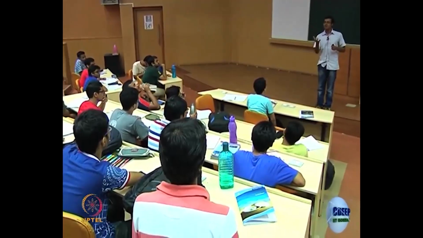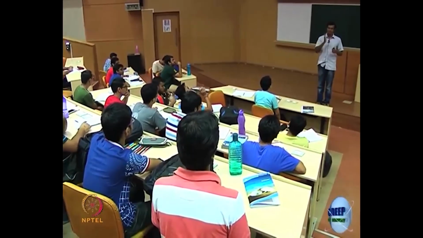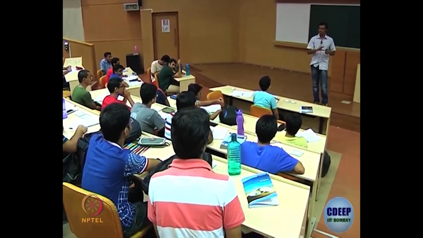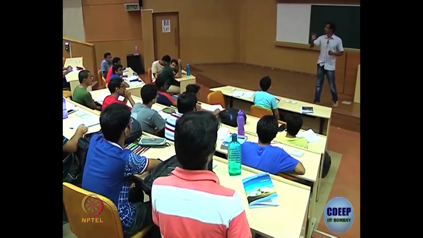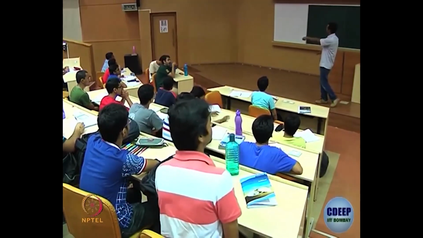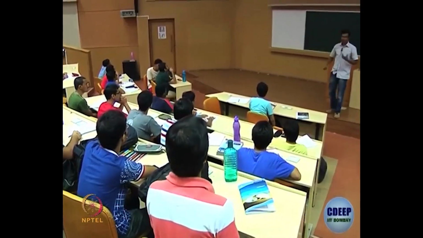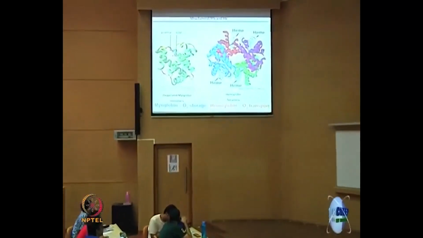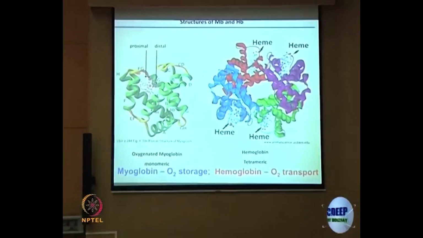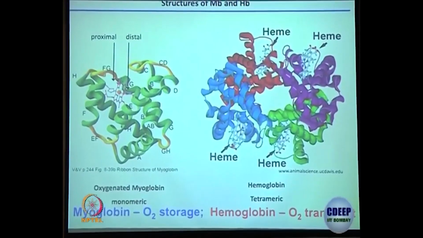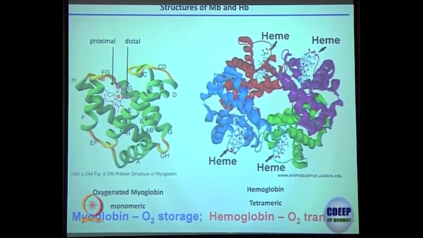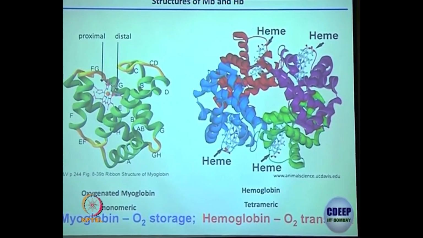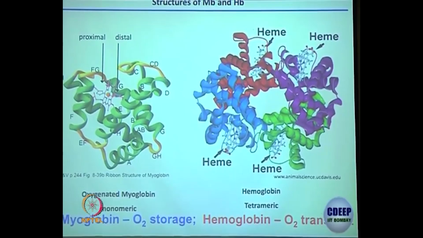So how is oxygen going to get transported, and then how does it get stored in the muscle? That is one of the major things we will be discussing today. So the storage protein, let's say in muscle, is myoglobin. Iron storage is there, some other metal storage is there, then oxygen storage is there, oxygen transport is there, right? So hemoglobin is the one which transports oxygen.